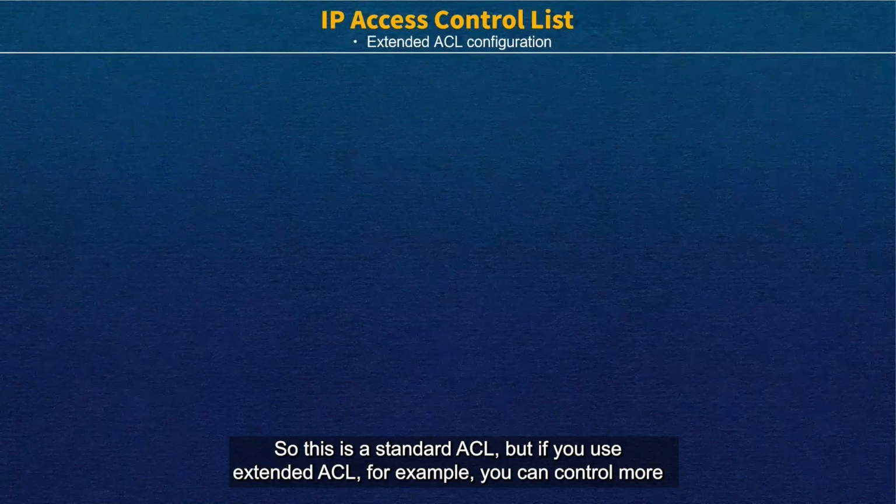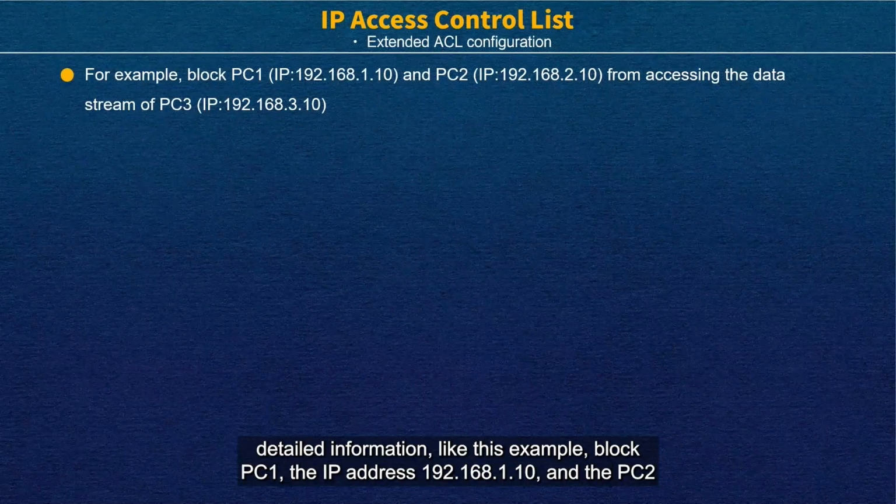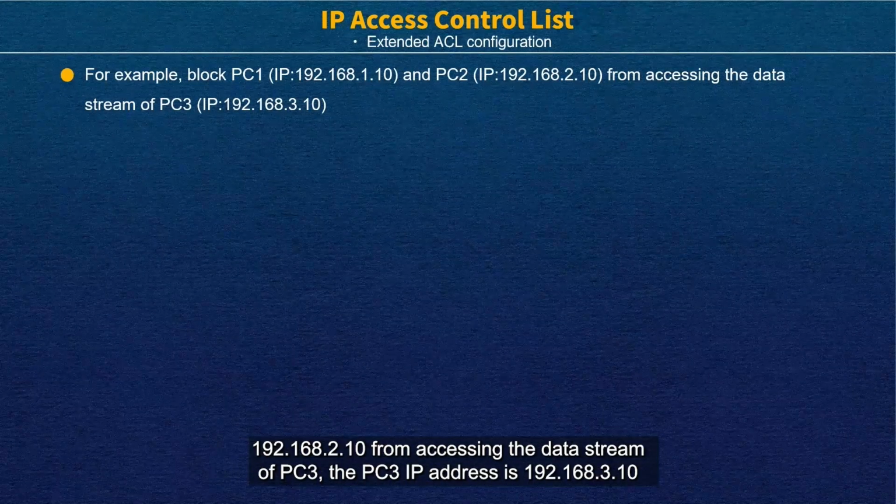But if you use extended ACL, you can control more detailed information. Like this example, block PC1, IP address 192.168.1.10, and PC2, 192.168.2.10, from accessing the data stream of PC3, whose IP address is 192.168.3.10.